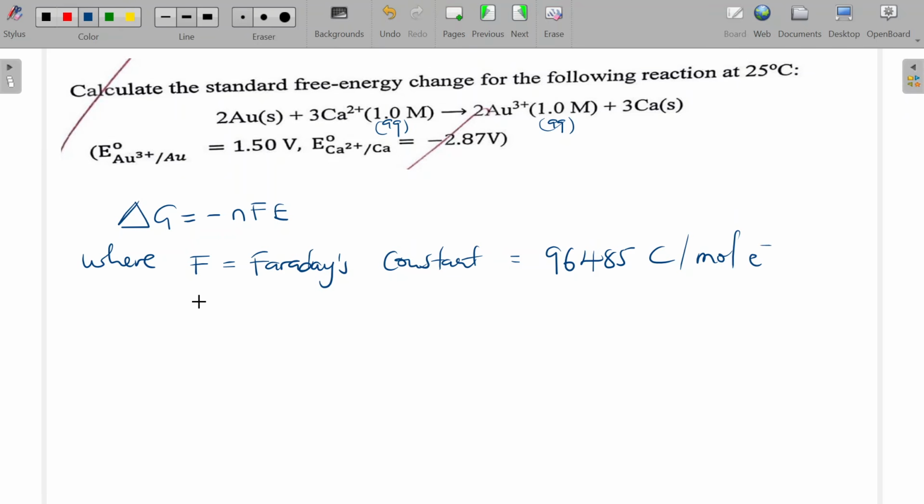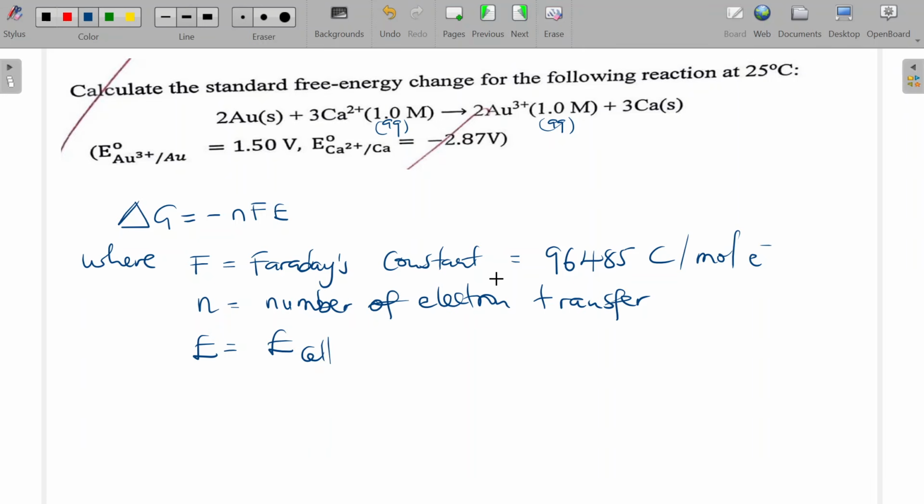Then we have n, which is the number of electrons transferred. Then we have E, which is the E cell. So this is the formula that you're supposed to use.